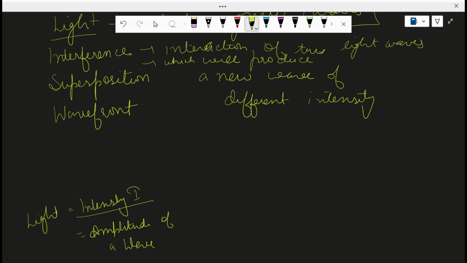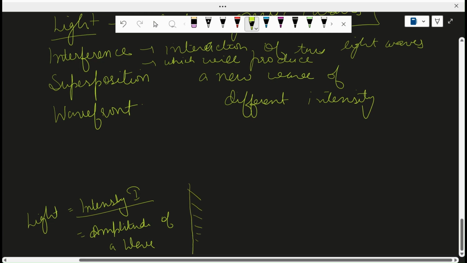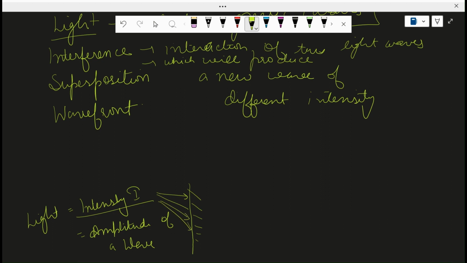Suppose we take a mirror, and these are some light rays coming from a faraway source. These all will fall on this mirror with a different intensity, with a different sharpness.